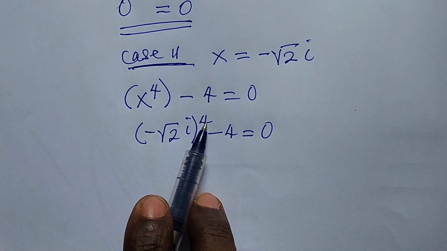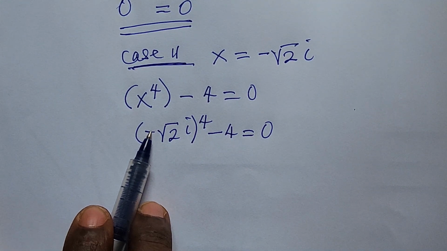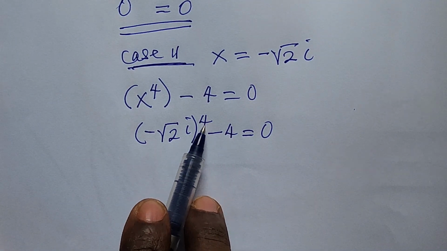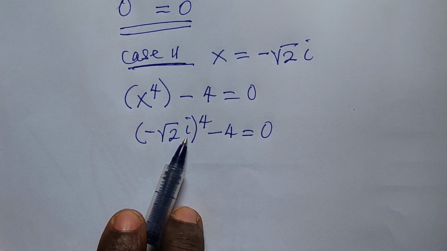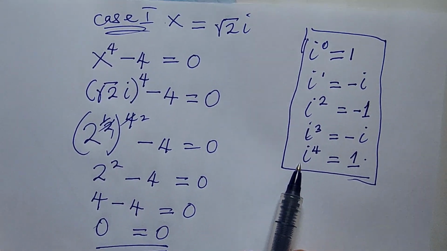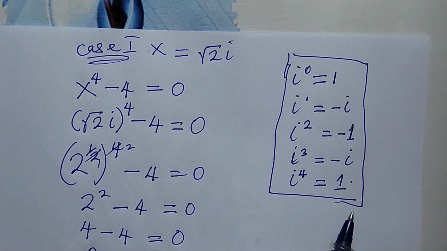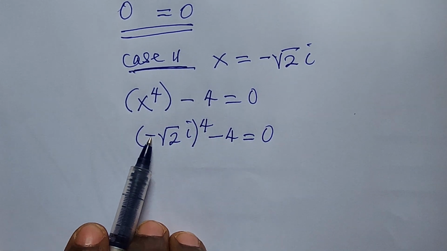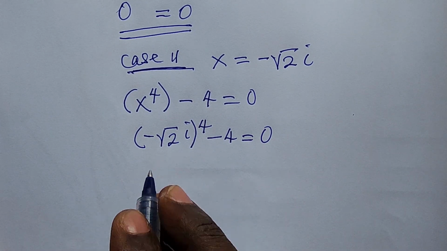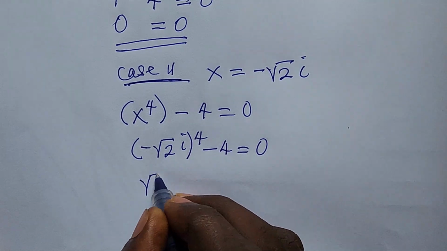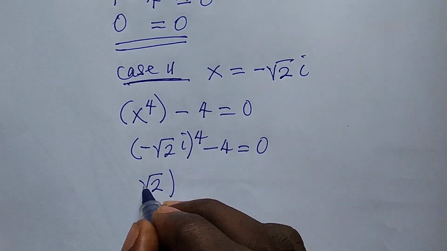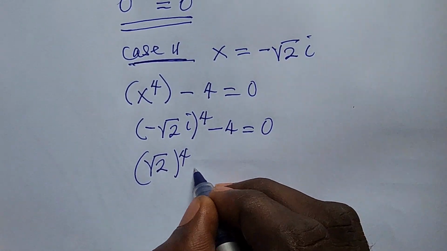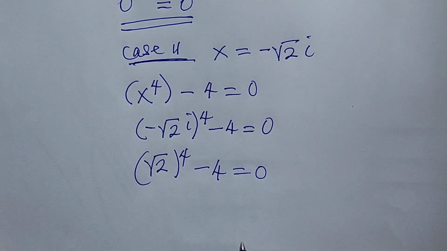Again, for this 4, we multiply this minus sign into 4 places, and for this 4 we multiply this one into 4 places. Again, remember what we've established here. So automatically here we get positive 1, and here we also get positive. So we are still left with our root 2 all to the power of 4 minus 4 equal to 0.